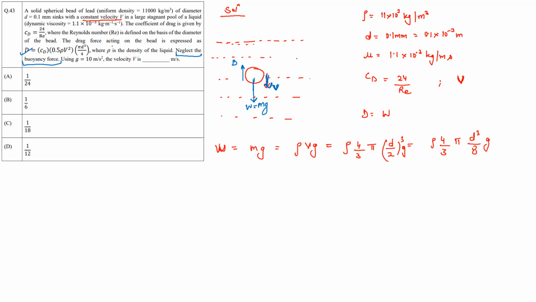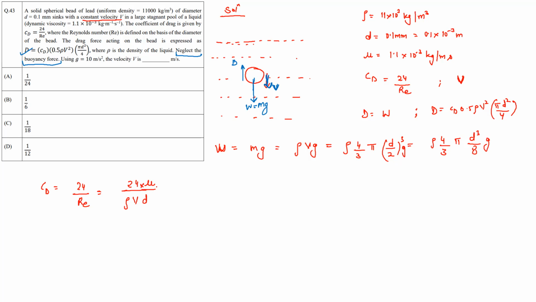Now, in order to calculate D, let's just write the expression of D here first. So this is CD times 0.5 rho V square pi D square by 4. First thing is to calculate CD, which is 24 over RE. And from the last slide, we already know that RE is nothing but rho times V times the diameter D over mu, which will come in the denominator.